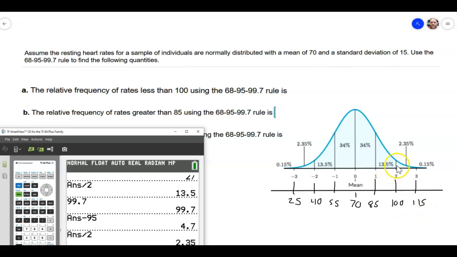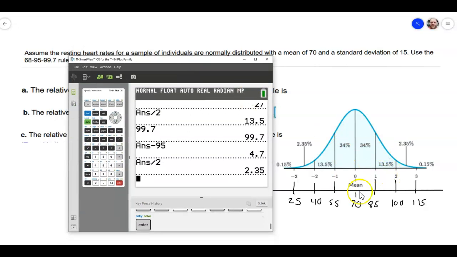So here's 100, and I want everything less than it, so it's going to add up all of these sections here. Or if I know that the whole thing adds up to 100, I could just do 100 minus the 2 sections that I am not using.